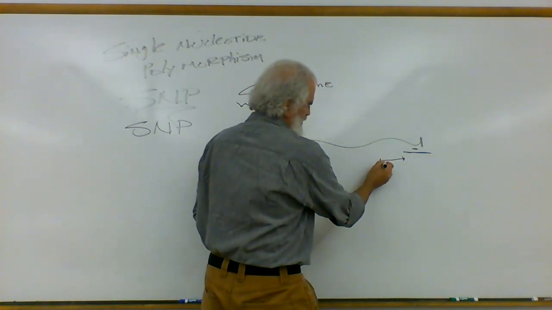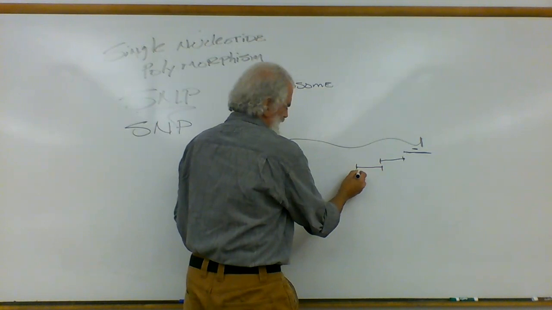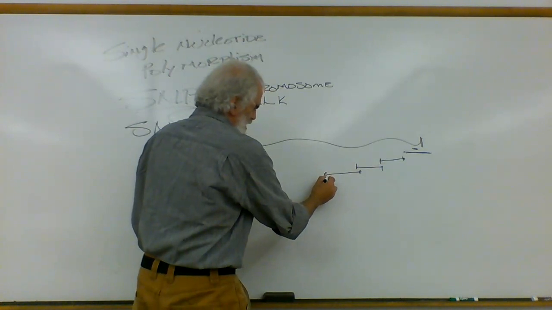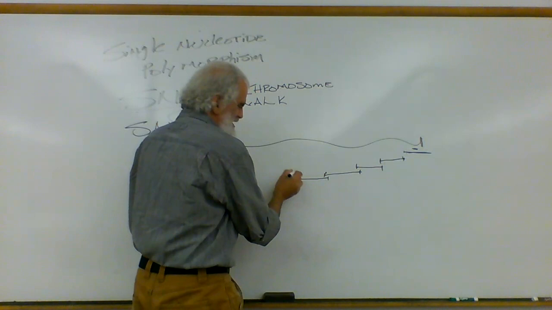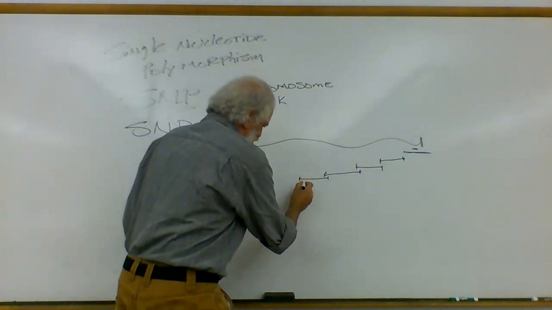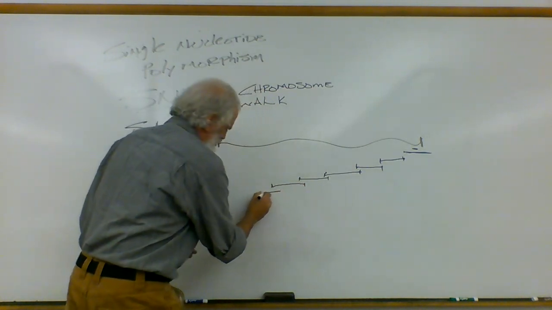Then you get a little piece of DNA from this end and extend the walk a little bit further. And each one of these clones is probably about 50,000 nucleotides, and you just keep on going. It is a very tedious process, and what I'm showing is an ordered set of clones.